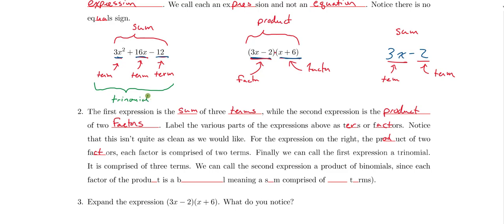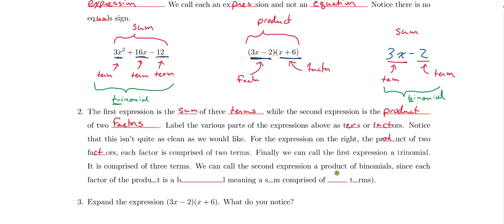And the reason we would call it a trinomial is because it's a sum of three terms. And we could specifically call this factor right here a binomial. So this first factor is comprised of two terms, and for 2 we use the prefix bi, versus for 3 we use the prefix tri.